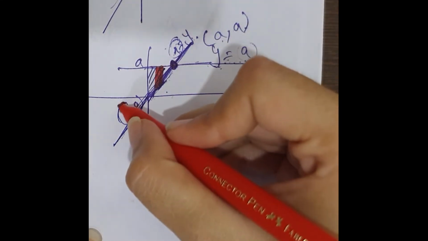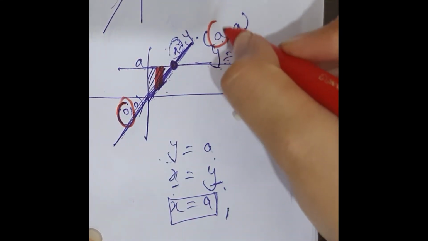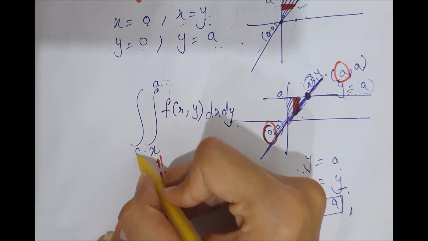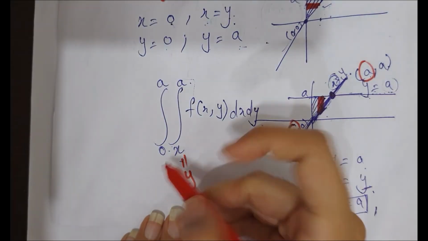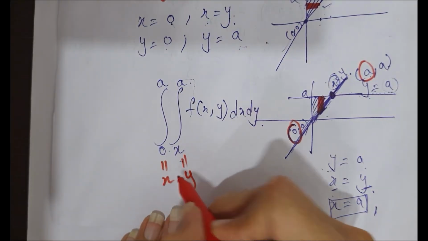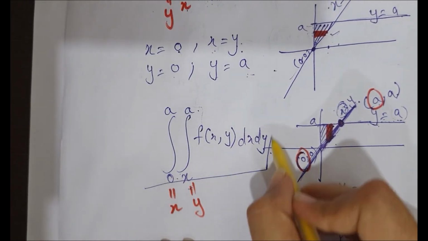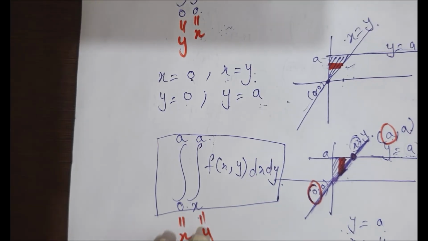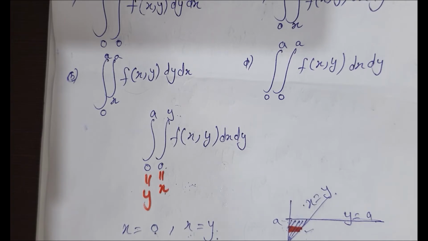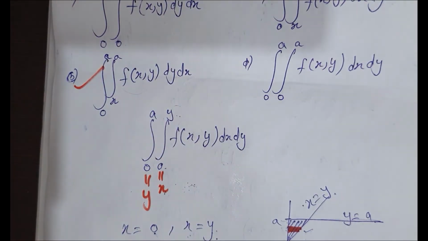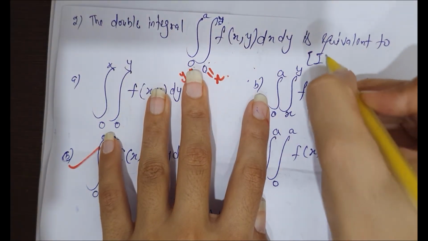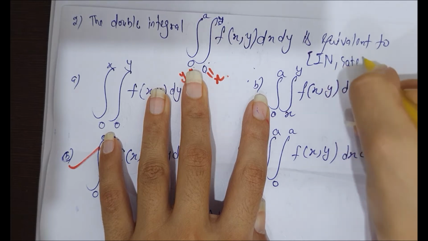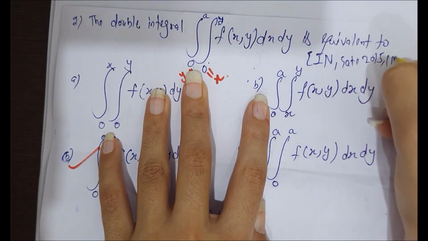So the limits of x will be 0 to a. Write it down. This is the limits of x. Now this comes out to be the answer. Now check which option it resembles. So option C is the right one. This is a GATE 2015 1 mark question.